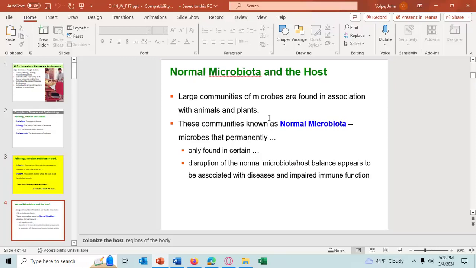Now, there's a lot of overlap in the normal microbiota, for example, between humans and cats, like you'll find Staphylococcus epidermidis on both species as part of the normal microbiota of their skin. However, you can find certain microbes on cats that you do not find on humans.